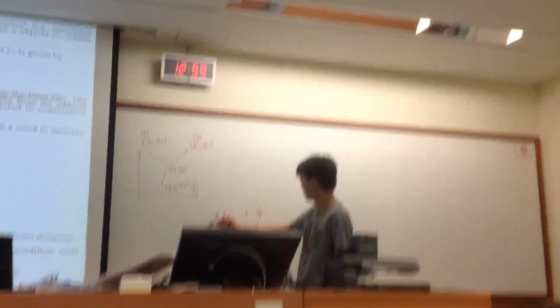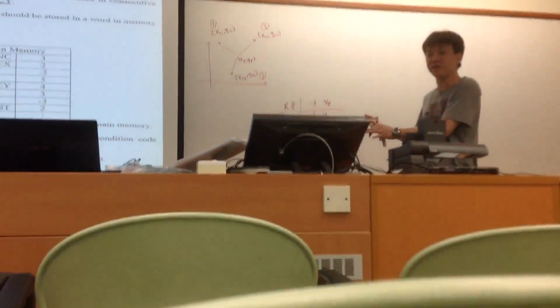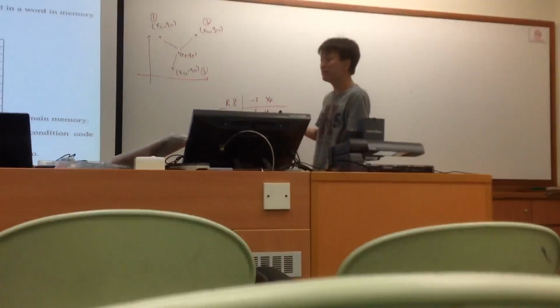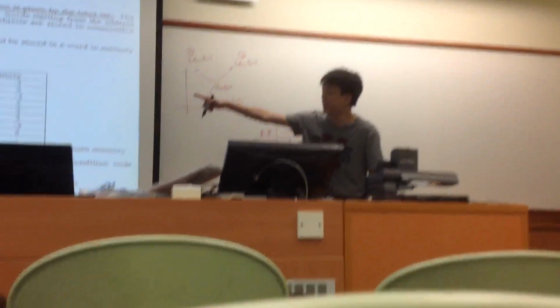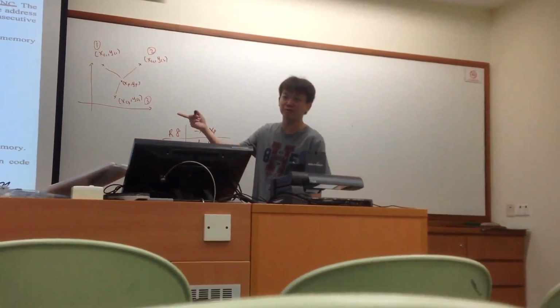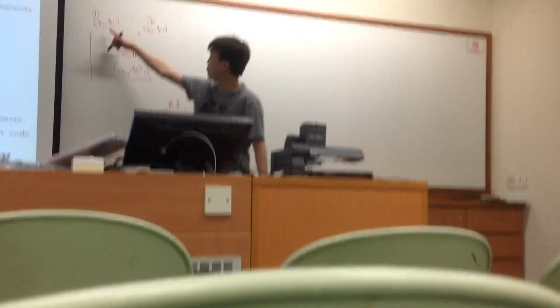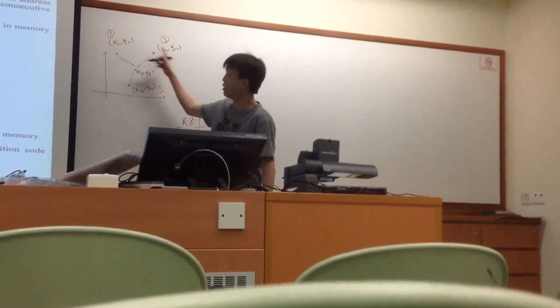You assume this is given; you don't need to write any code for it. Assume it's there already. Then in the main memory, there's NC, CX, CY. NC is the number of objects. CX and CY are the pair of all the X coordinates and Y coordinates.